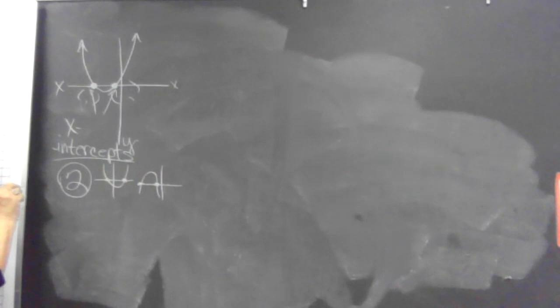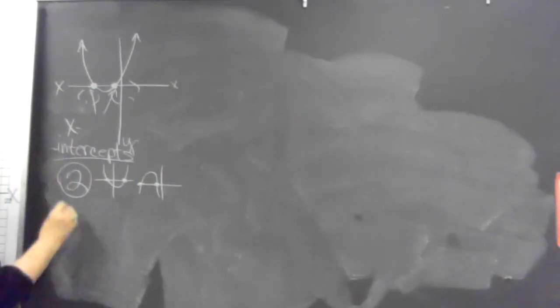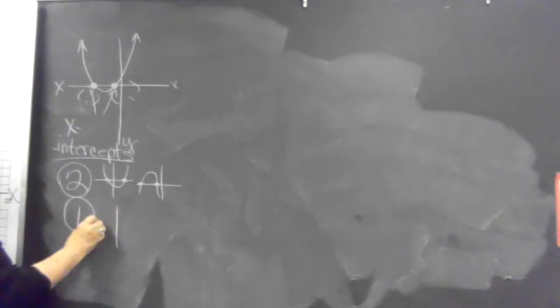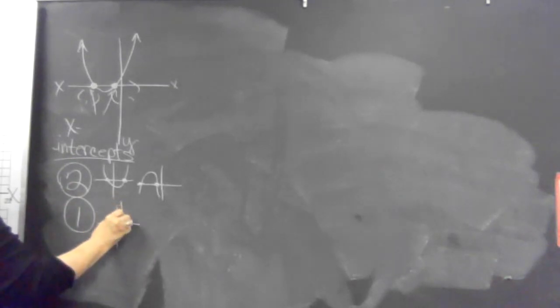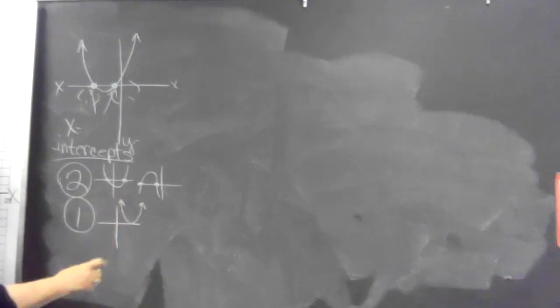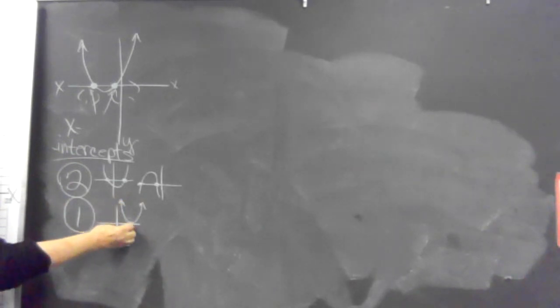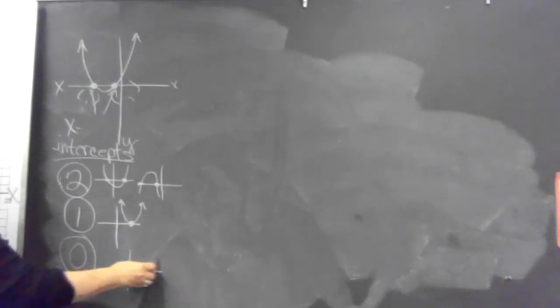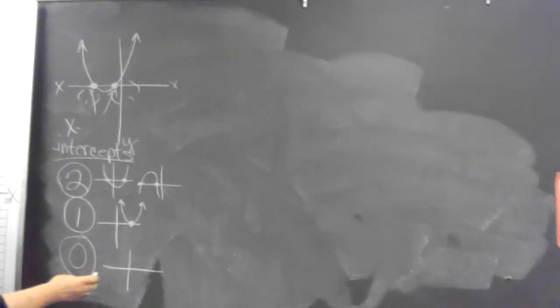But it's possible for a parabola to have one x-intercept, if it comes down and just touches the x. Do you see it just touches one time? So a parabola could have just one x, or, believe it or not, it could have no x-intercepts, like this.